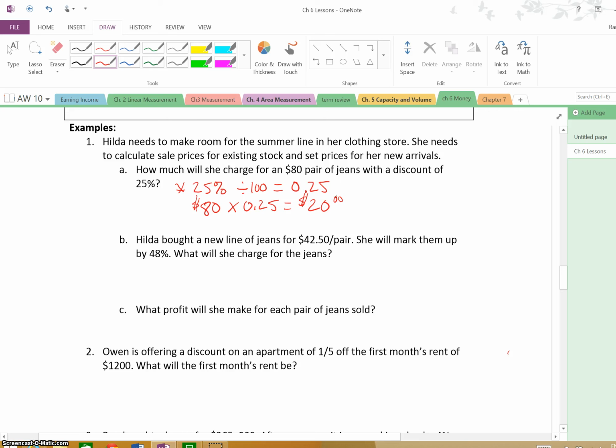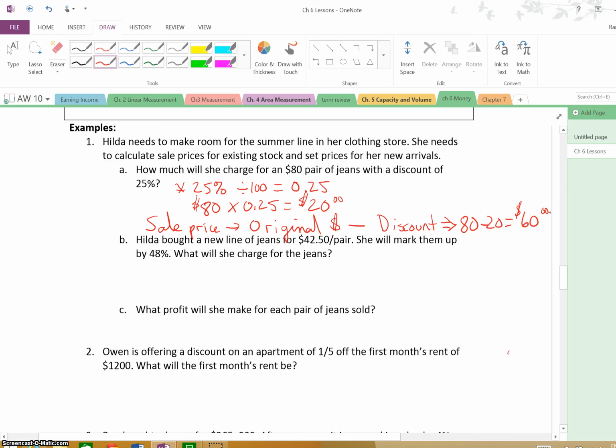Okay? So to calculate the new sale price, it's going to be the original price minus the discount. So in this case, that's $80 minus $20. So the sale price will be $60.